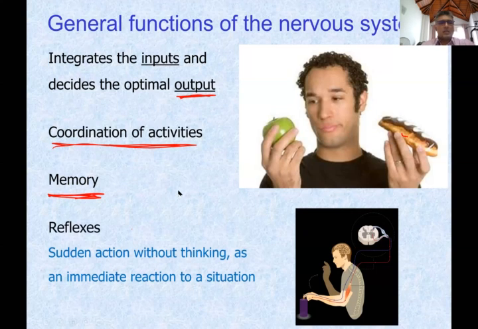Then reflexes. Now sudden action without thinking as an immediate reaction to a situation is called reflexes. Now in this example, this person accidentally burns the finger, and then immediately there is reflex contraction of biceps or triceps, based on where it burns, and the hand is taken out.